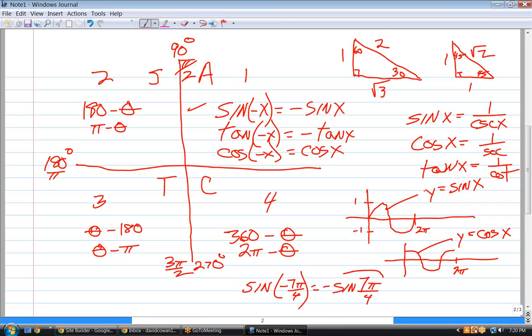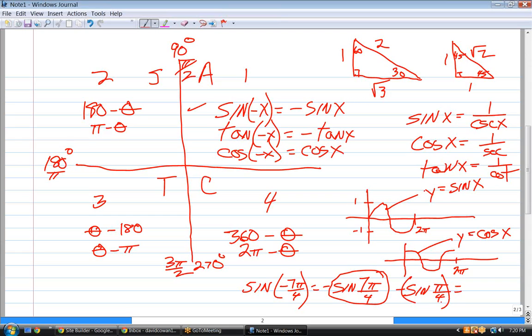Because I know how to figure out that. What quadrant is that in? That's in the 4th. Okay, so it's the equivalent angle of what? Negative pi over 4. So negative sine of pi over 4. Bear with me for a moment. I'm going through this step by step. I'm hanging on to that negative sign, and I'm just going to figure out sine of pi over 4 in the fourth quadrant.